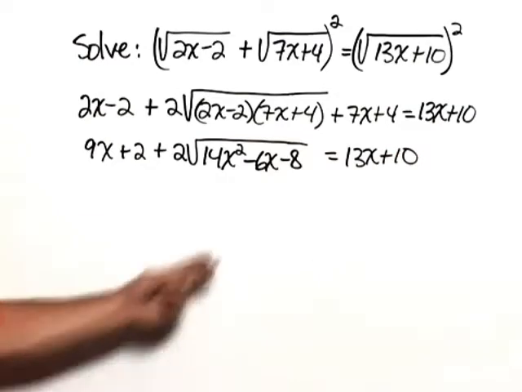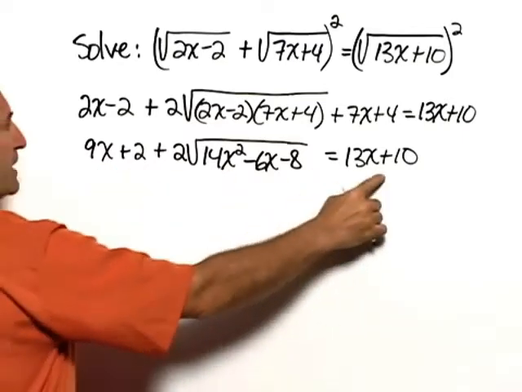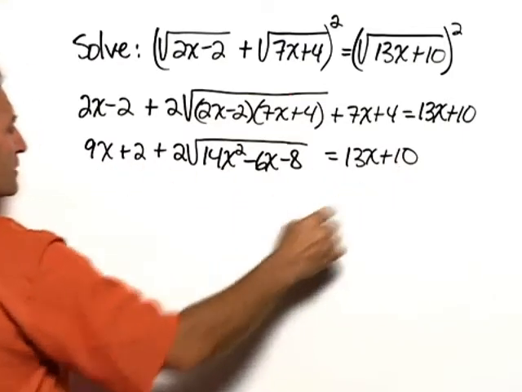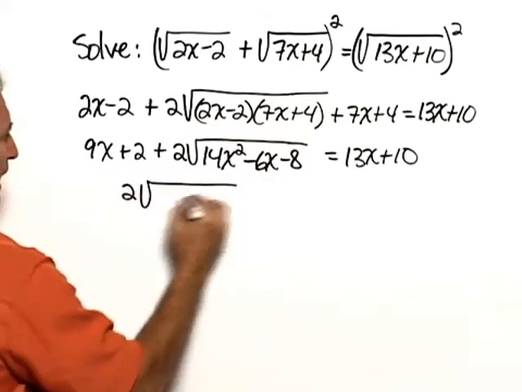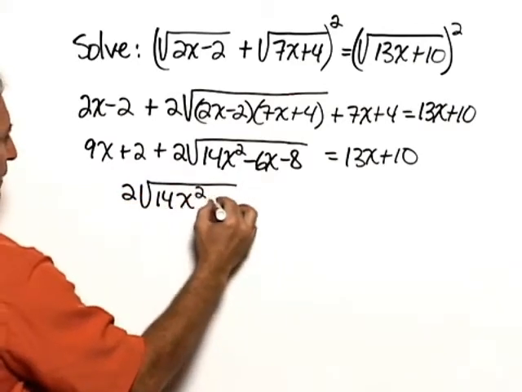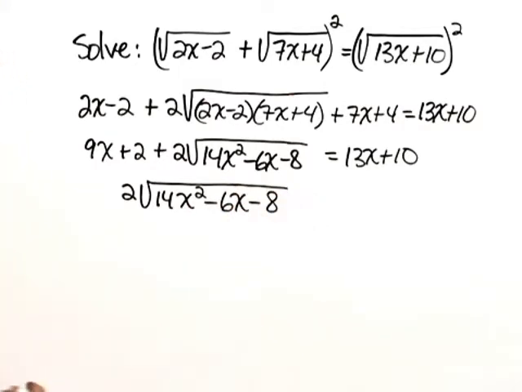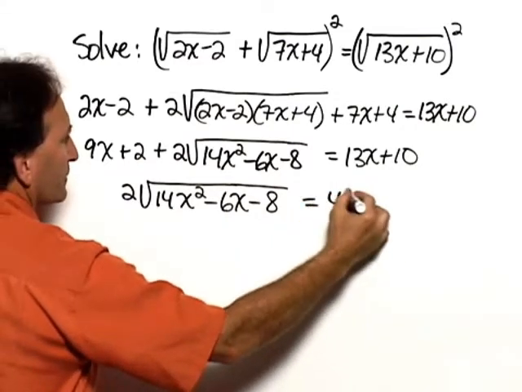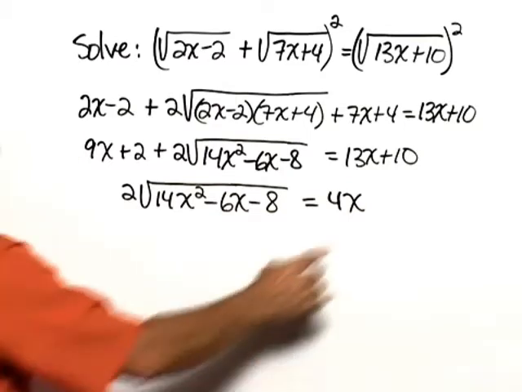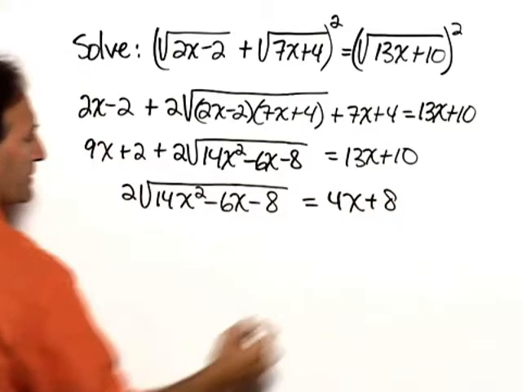Next, what we need to do is isolate this radical. So that means we would subtract 9x from each side, and we would subtract 2 from each side. So what we have is 2 times the square root of 14x squared minus 6x minus 8. And then 13x minus 9x is 4x. 10 minus the 2 would be 8.